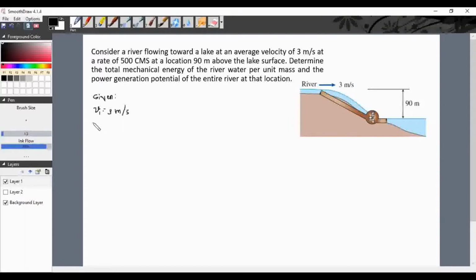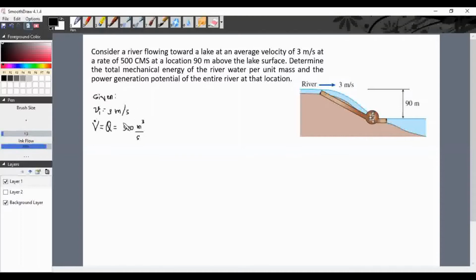And then we have volume flow rate, no? Entering our system. So, we have V naught sa fluid mechanics. Magiging ganyan yung symbol. Parehas lang yan. So, that is 500 cubic meter per second.